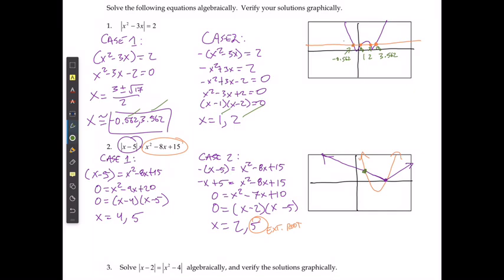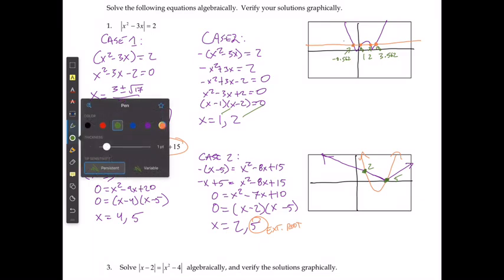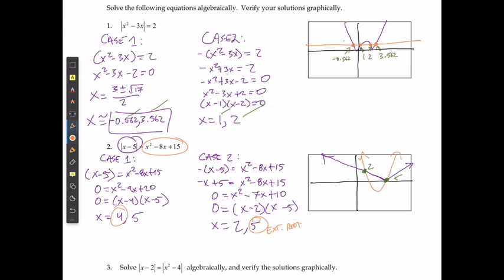I have one here, and I have one where it hits right at the vertex. And this one occurs when x is equal to 2. And this one occurs when x is equal to 5, which means that I have an extraneous root of 4 here.